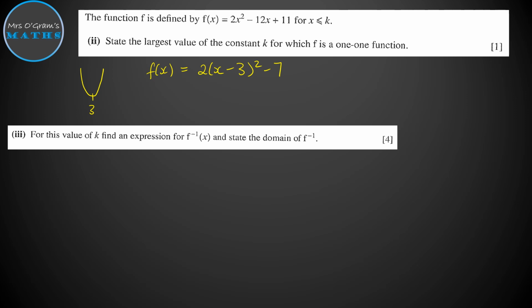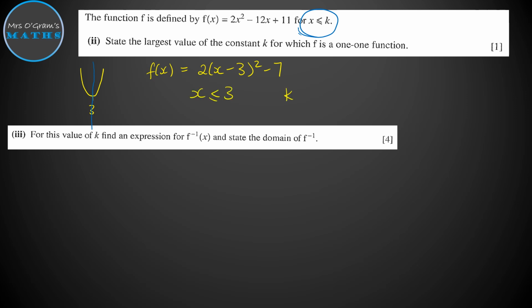So if we're looking for this portion where x has to be less than some number, this x minus k, then we need to be able to cut that graph in half there. So x has got to be less than or equal to 3.